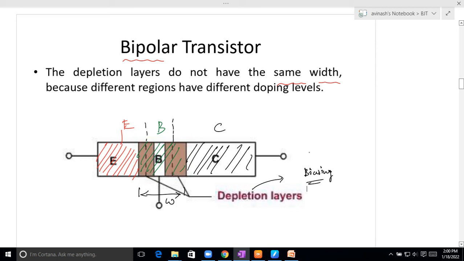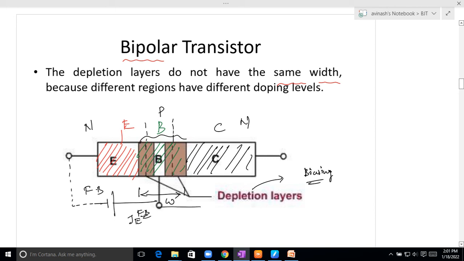Based on that, we have different input-output characteristics for different regions and different biasing techniques. Let us consider a voltage here. Let me take N, P, N. If I connect N to negative and P to positive, then it becomes forward bias. That is, junction JE is forward biased.